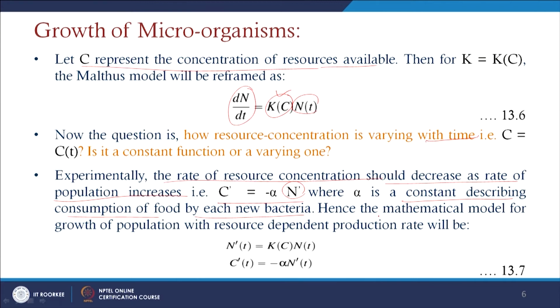Hence, the mathematical model for growth of population with resource dependent reproduction rate will be n dash t equals k of C into n of t, and the consumption of concentration by this bacteria can be written as C dash t equals minus alpha n dash t.